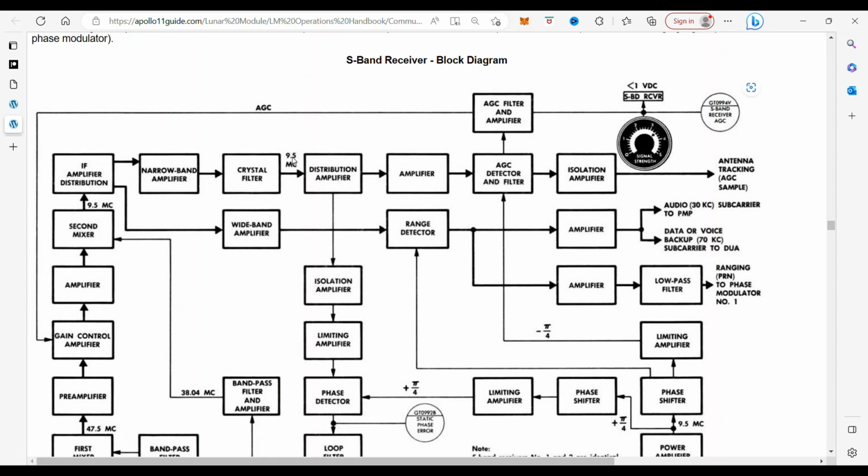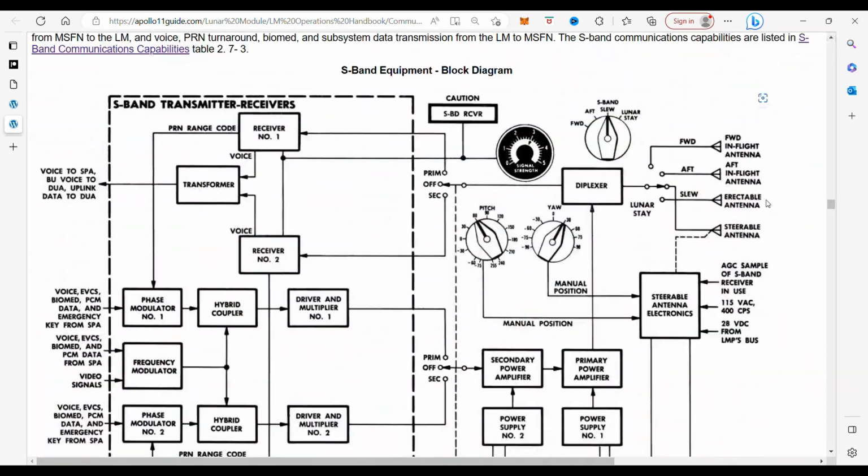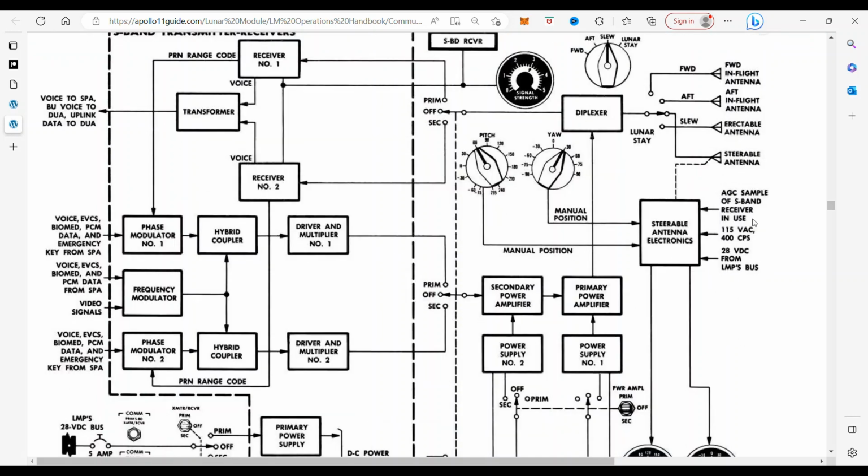If it gets too low, then it's going to send that to the tracking antenna, and that is going to come up here to the steerable antenna, and this is what moves it. And by the movement, it will detect the signal off that 9.5. If it's much lower than 9.5, then the antenna will steer the pitch either up or down to wherever the signal is getting stronger. But that's just this signal.